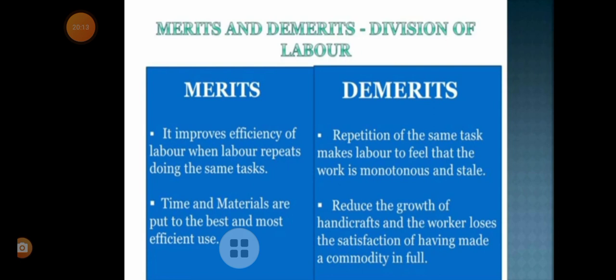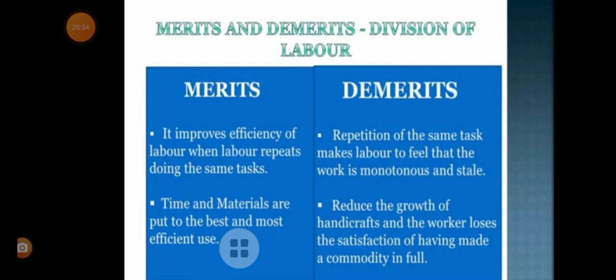Monotonous means only one work, single work, no variety, same work repeatedly. When the same work is done, it becomes monotonous and stale. Stale means boring, not interesting. It becomes a little bit harder.